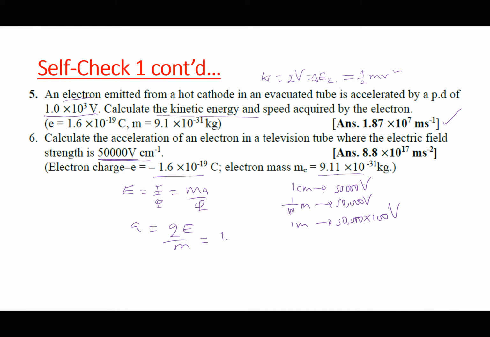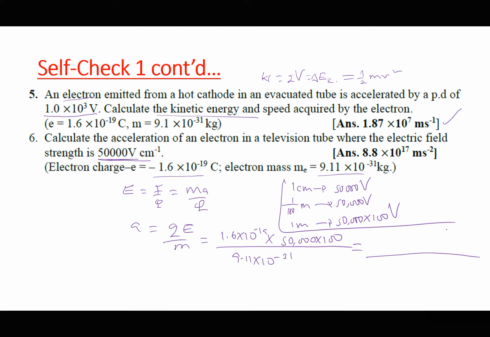So you will have 1.6 times 10 power negative 19 multiplied by E, which is 50,000 times 100, divided by the mass, which is 9.11 times 10 power negative 31. This should be able to give you that acceleration in meters per second squared.